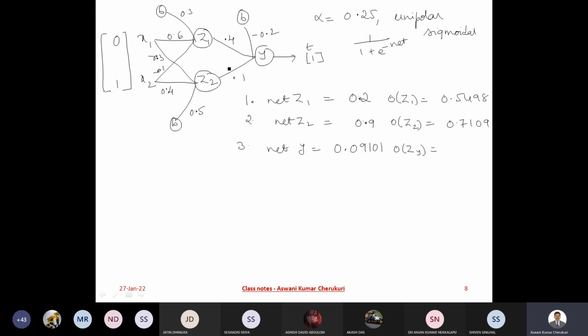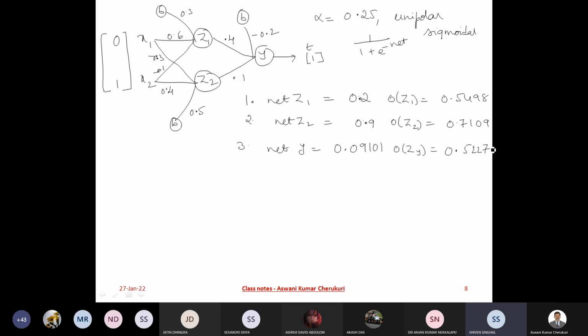Please see the plus and minus symbols carefully, and tell me the actual output. It comes to around 0.5227. Up to now, is that clear?